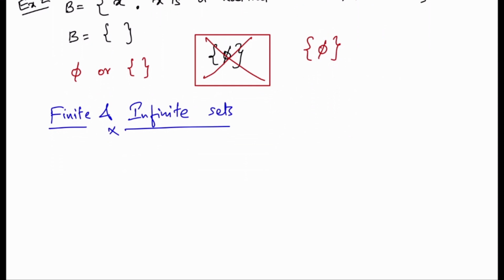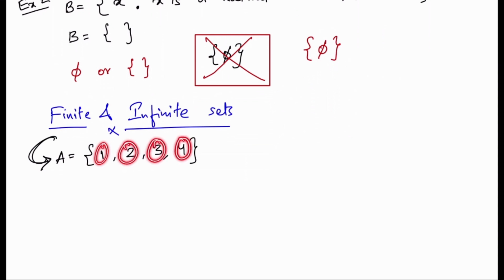For example, let there be set A such that it has elements 1, 2, 3, and 4. This is an example of a finite set, because it has elements 1, 2, 3, and 4. Only 4 elements are present in the set.